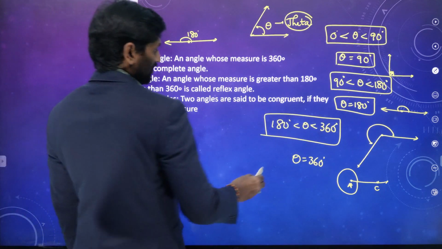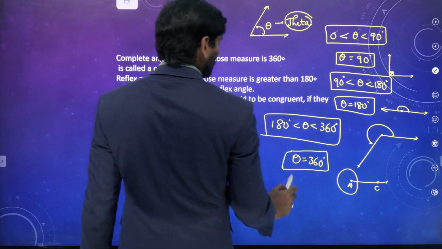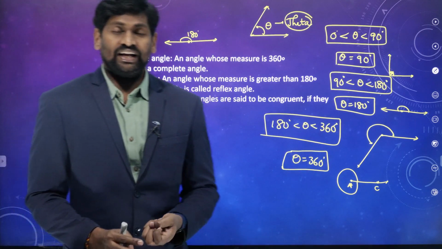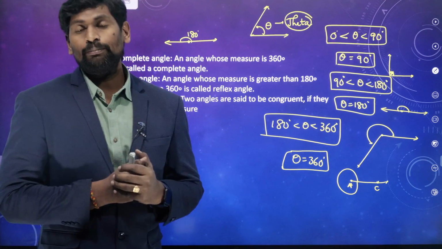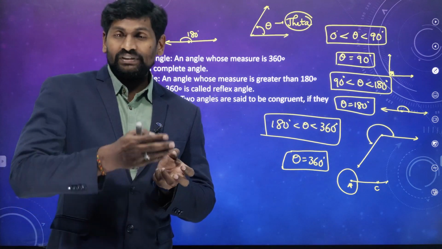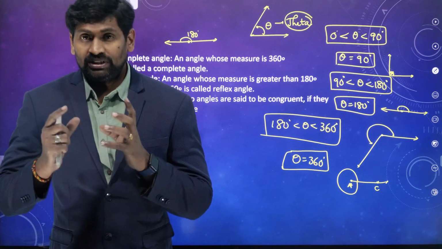These are the discussions about angles and types of angles. What is an angle? Two rays or two line segments with a common end point form an angle. To represent the angle, we use the symbol theta.